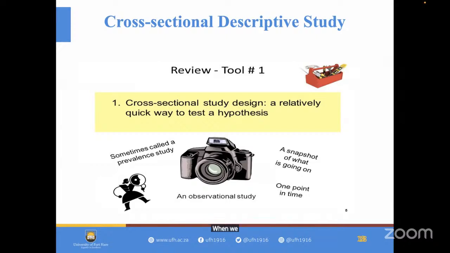When we talk about cross-sectional study design, it's a quick way of testing a hypothesis. The descriptive part of it is called the prevalence study, and the observational part of it deals with what kind of disease or health-related outcome you are exposed to, and you also measure the possible factors that can be linked to such a health-related outcome.